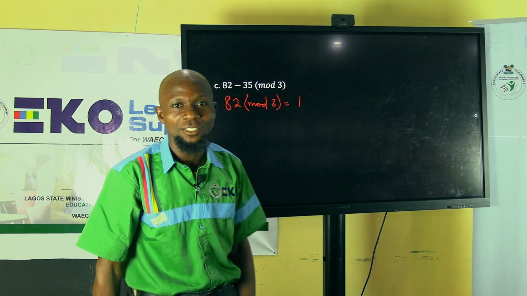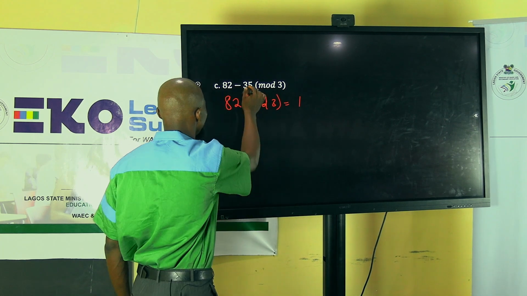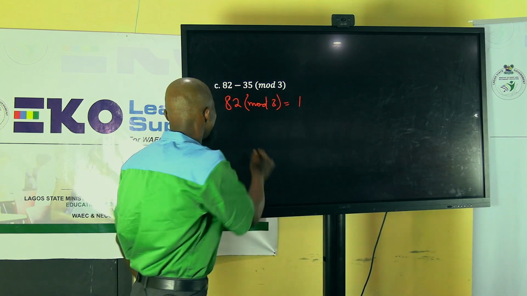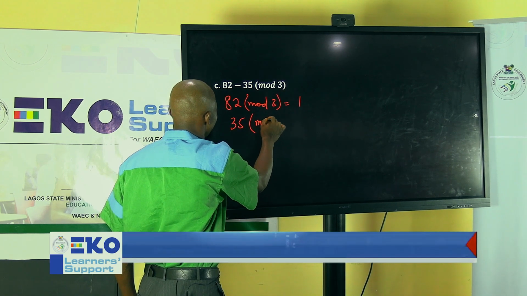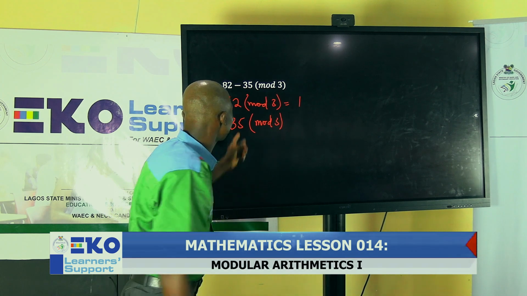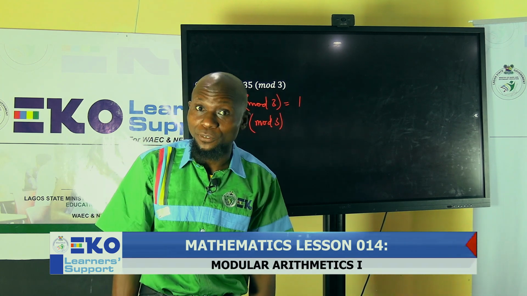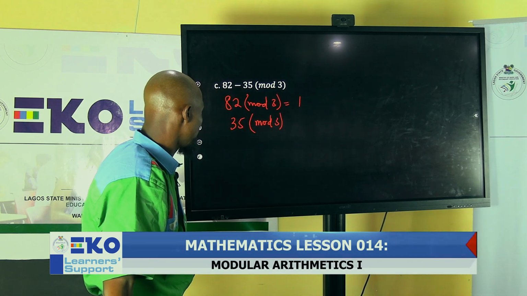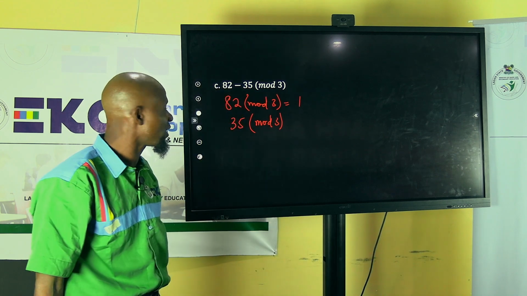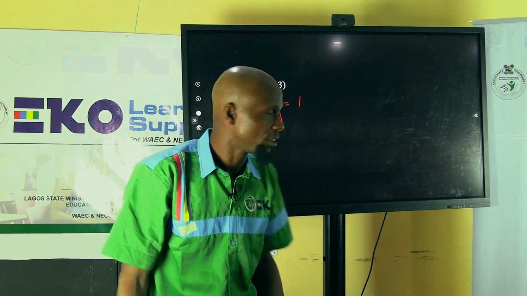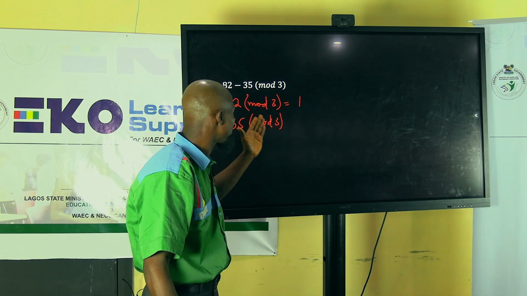The next one is what? 35. 35 modulo 3. What's the remainder when you divide 35 by 3? You know 33 is a multiple of 3. So 35 minus 33 is 2.